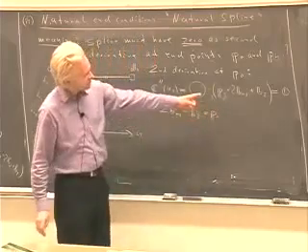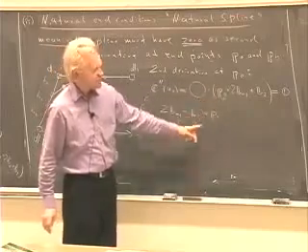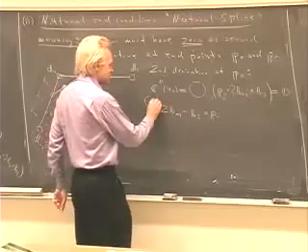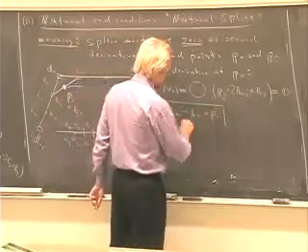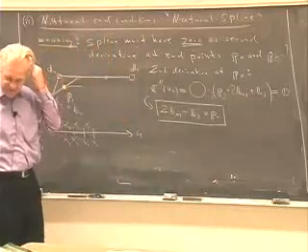I bring it on the other side: 2b minus 1 minus b minus 2 equals p0. That's the condition that, if satisfied, implies a second derivative of 0.